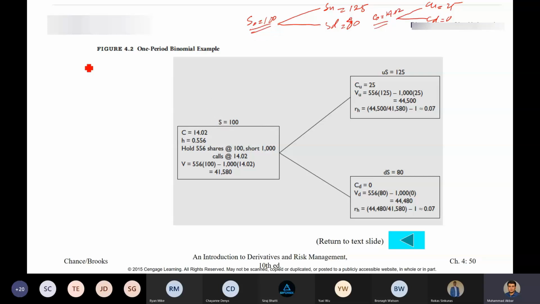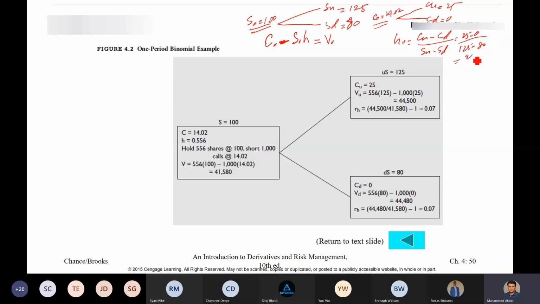To create the hedge portfolio, we learned that the hedge portfolio value will be equal to C naught minus S naught times H. Now, how many shares do we need to sell short? For that, we need to calculate the hedge ratio, which will be CU minus CD divided by SU minus SD. CU is 25 minus 0, and this is 125 minus 80.